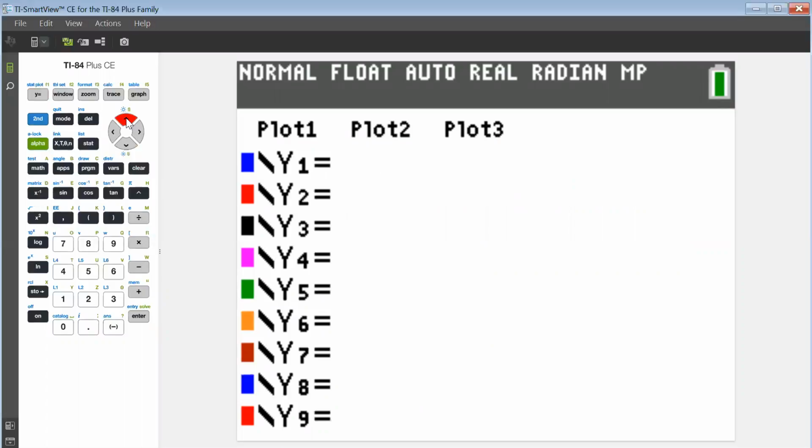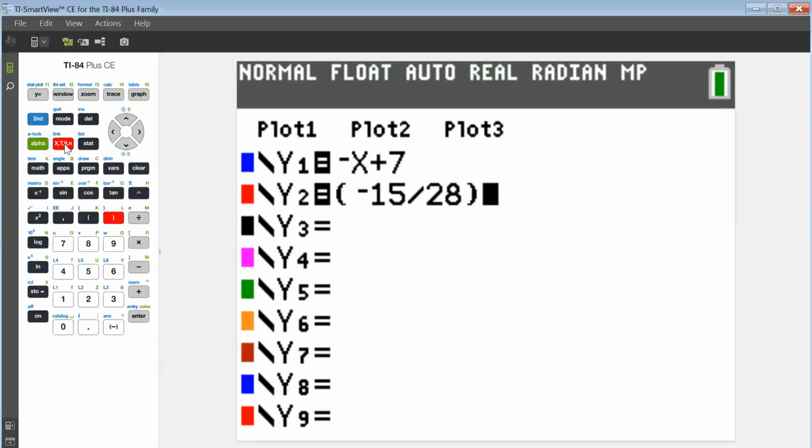So the first one, if we look back, we had negative x plus 7, y equals negative x plus 7 is one equation. And the other one was open parentheses negative 15 divided by 28, close it.